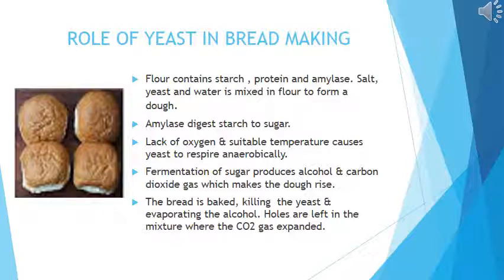The amylase present in the flour digests the starch to sugar. Lack of oxygen and suitable temperature causes the yeast to respire anaerobically. Since fermentation of sugar is being done, it produces alcohol and carbon dioxide gas, which makes the dough rise. The bread is baked. In this way, the yeast is killed and the alcohol evaporates. Holes are left in the mixture where the carbon dioxide gas expanded.